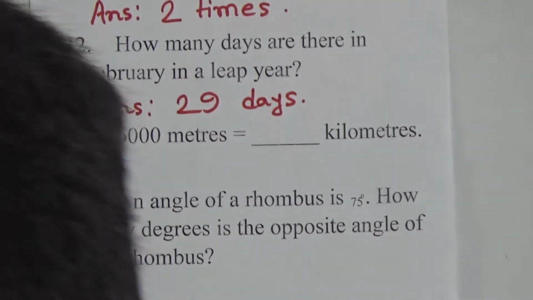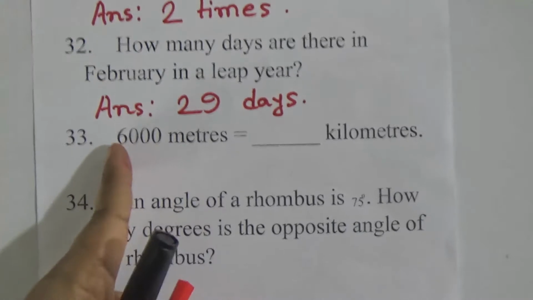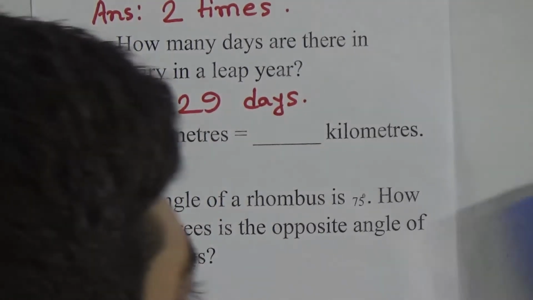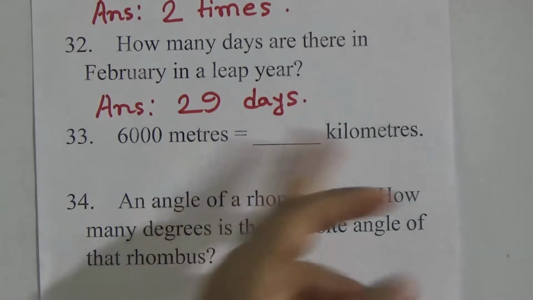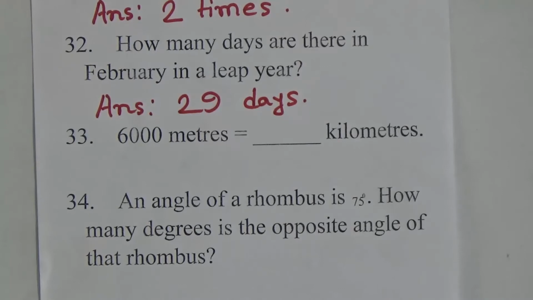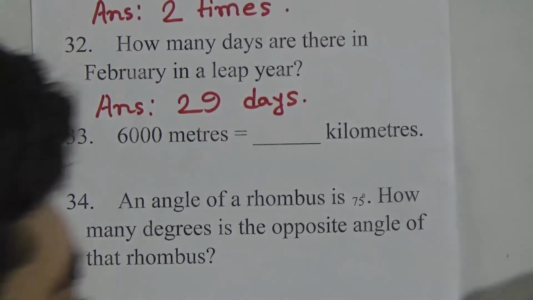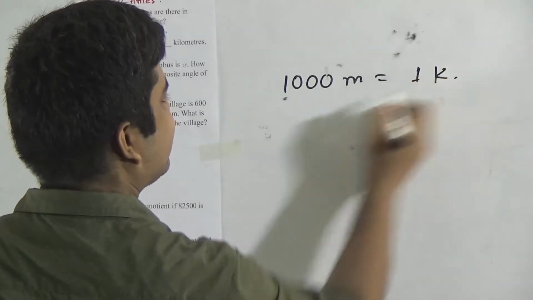Next question. 600 meters equal to how many kilometers? That means we convert meters into kilometers. How many meters equal 1 kilometer? It will be 1000. So 1000 meters equal 1 kilometer.